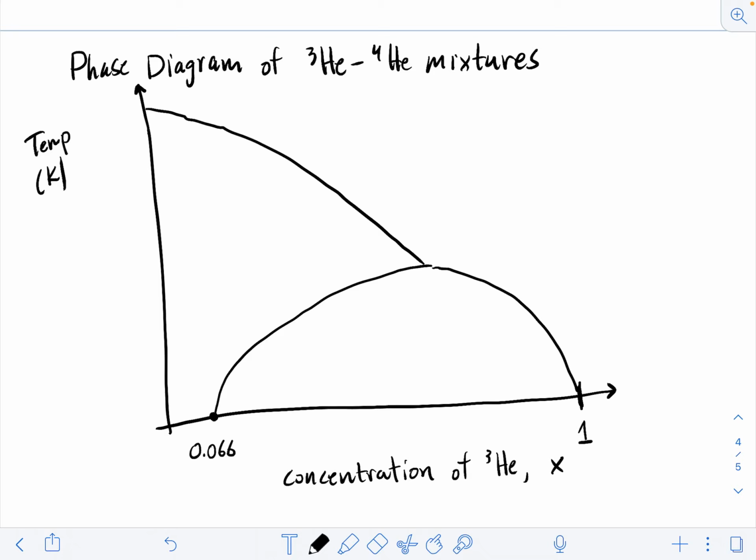Okay, so here is what we're going to call a normal fluid of some kind of mixture of helium-3 and helium-4. Below this line, and this is going to be called the lambda line, this is superfluid.